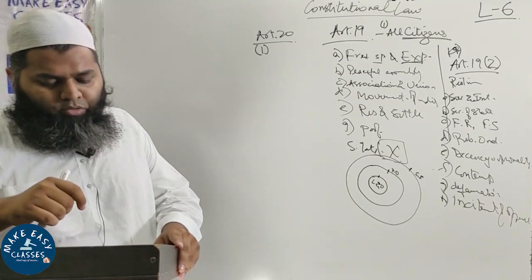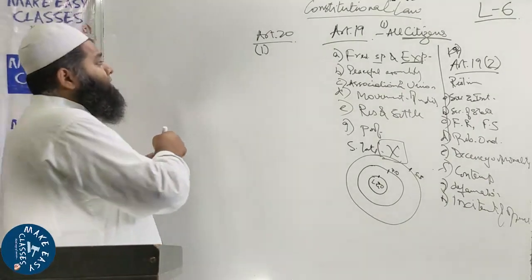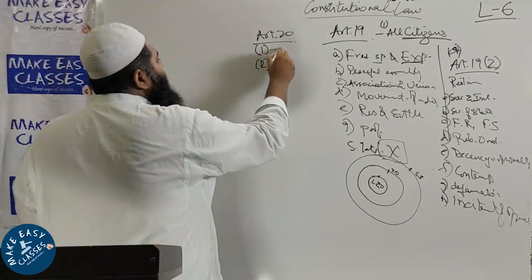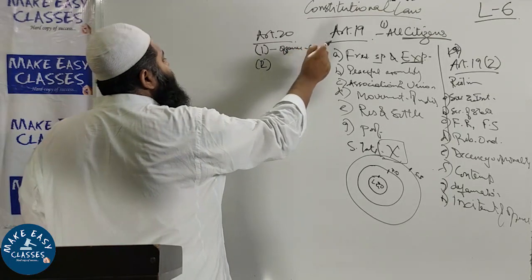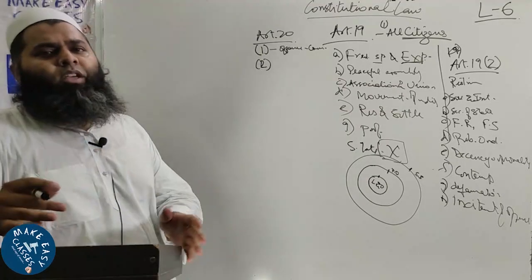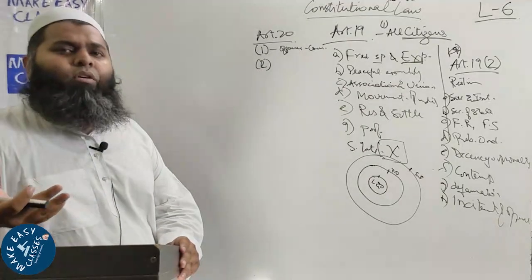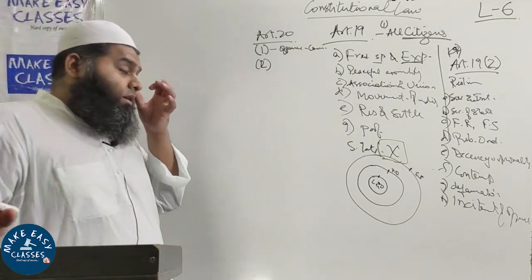Now the second clause says no person shall be prosecuted and punished for the same offence more than once. क्लॉज 1 क्लियर हो गया. क्लॉज 1 says उसी पे चार्ज हो सकता है, उसी पे कन्विक्शन हो सकता है जो ऑफेंस उसने किया है और जो एक्ट उसने किया है और वो ऑफेंस था इन लॉ एट द टाइम ऑफ कमीशन ऑफ द एक्ट.